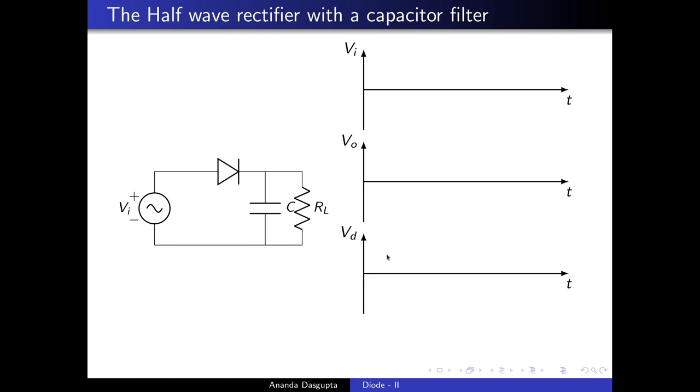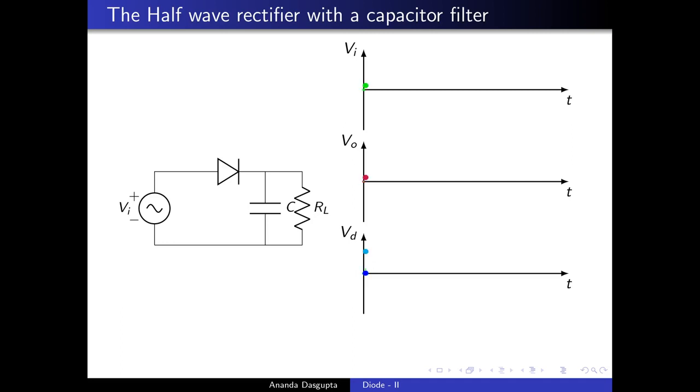And just for comparison's sake again, the input voltage as well. So the input voltage will be shown in all three of these graphs. But here I am going to show the output voltage as well, and that will be the prominent major part of this graph. Here you will have the voltage across the diode as well as the current through the diode. So let's start the animation and see.